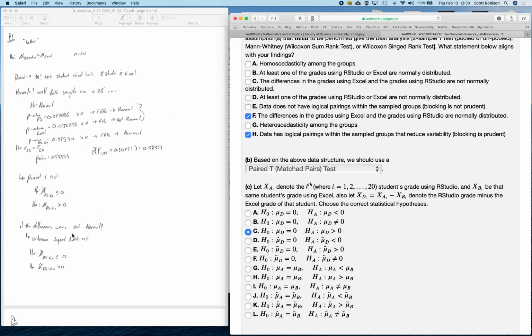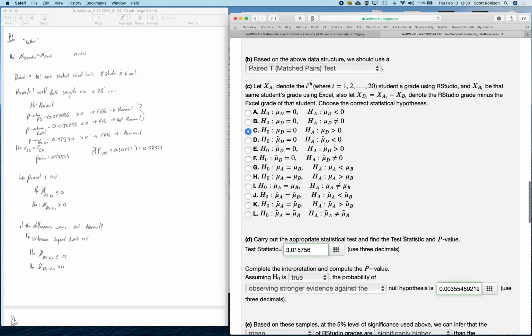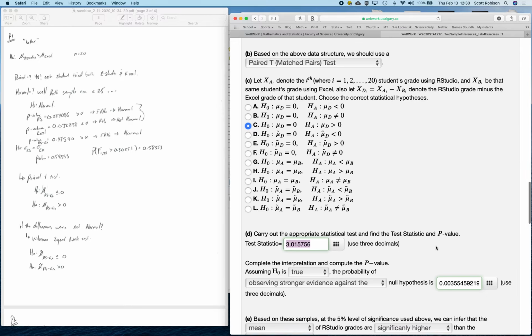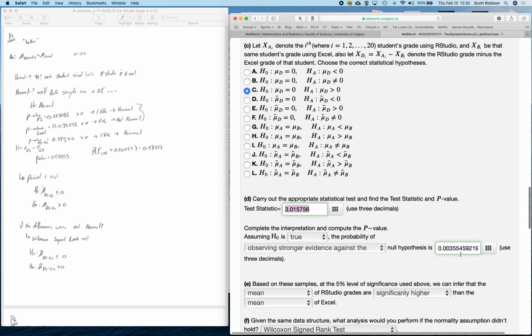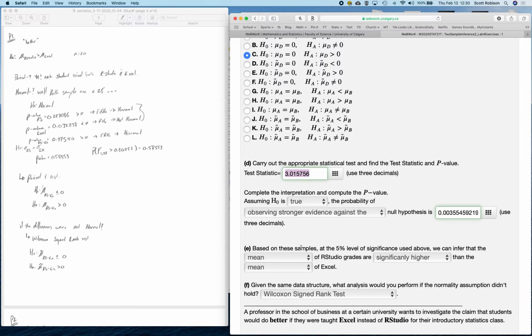Mu should be here mu sub differences because they're paired, not mu A versus mu B. I'm actually combining the groups. I found the test statistic for the matched paired test, and I also found the p-value, which is right here. And then because the differences were normal, I'm really comparing the means. And we found that the mean of RStudio was in fact significantly greater than the mean of Excel.